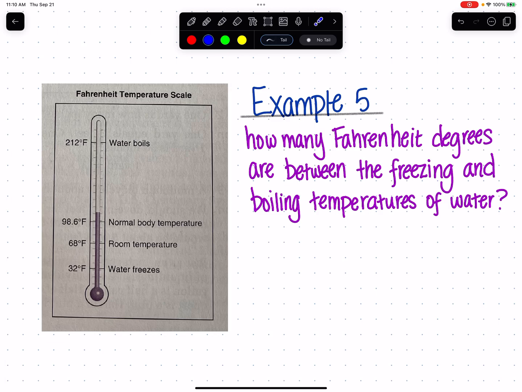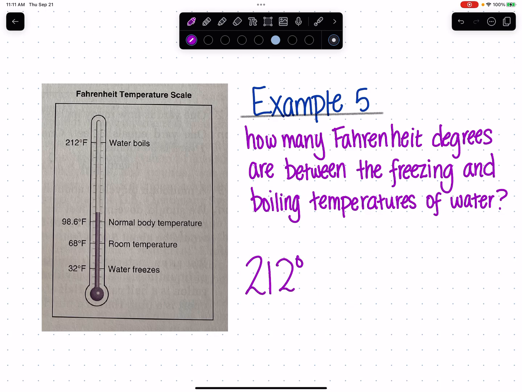This is talking about units of temperature, Fahrenheit and Celsius, things like that. So they give you this picture, and it says how many Fahrenheit degrees are between the freezing and the boiling temperatures of water. So let's look at the boiling temperature. That's here where water boils, and it's 212 degrees. So I'm going to put 212 degrees.